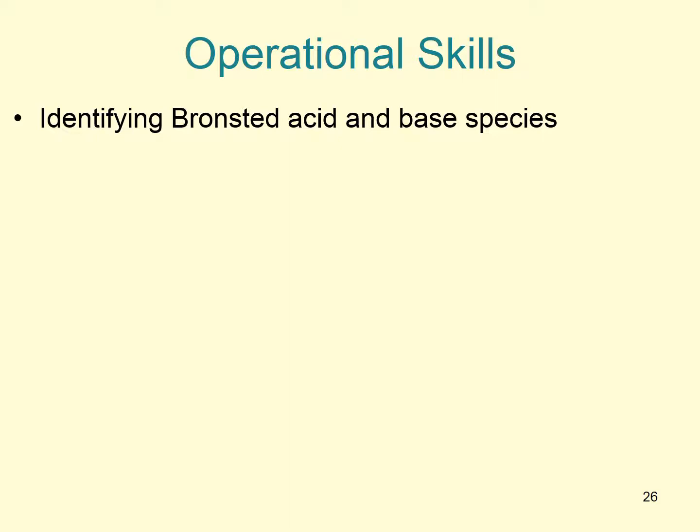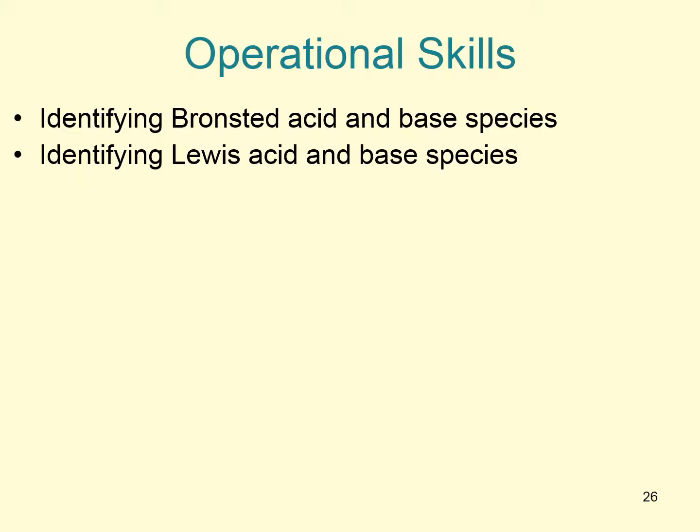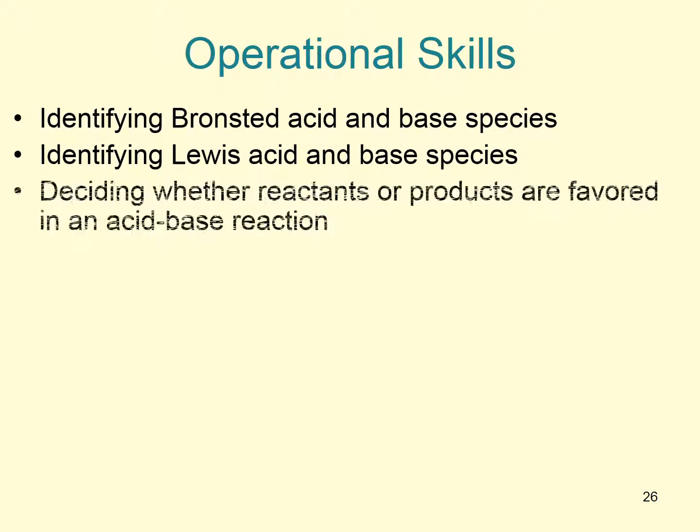What should you be able to do in this chapter? You should be able to identify what species is an acid and what species is a base. You should be able to find the conjugate acid from a base and find the conjugate base from an acid in the Bronsted terms. You should be able to identify Lewis acid and base species if I ask you specifically which is a Lewis acid, which is a Lewis base.